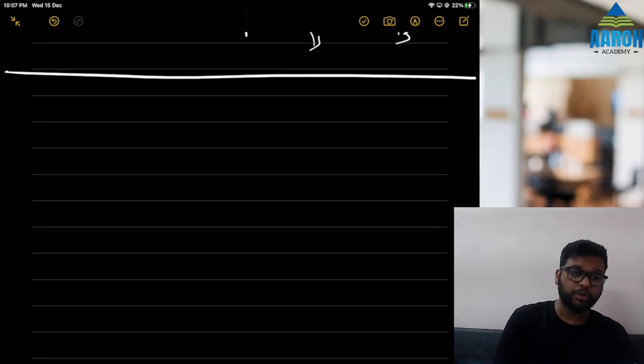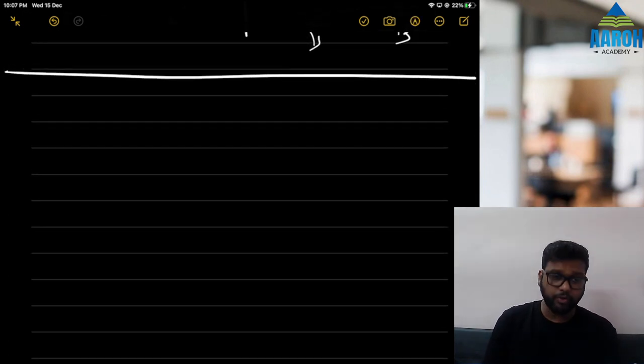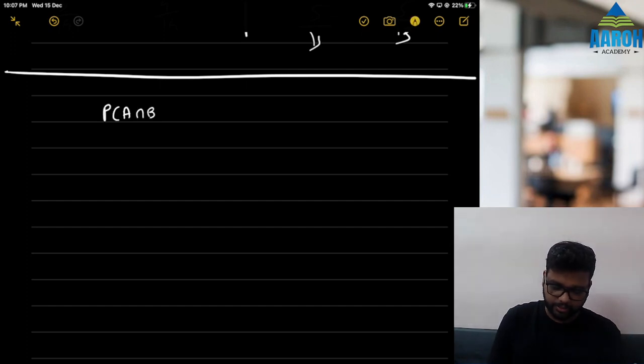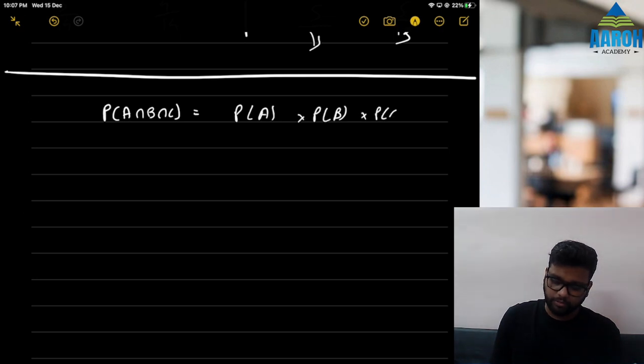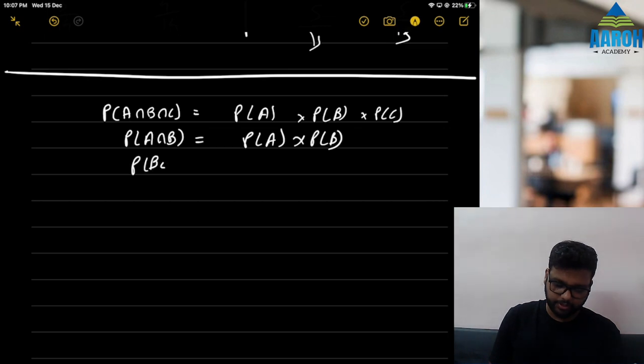Now, there are multiple points here. If we want to check whether 3 events are independent, then we have to check these things. We have to check whether P of A intersection B intersection C is equal to P of A into P of B into P of C. But we also have to check whether P of A intersection B is equal to P of A into P of B. We also have to check whether P of B intersection C is equal to P of B into P of C, and what else?